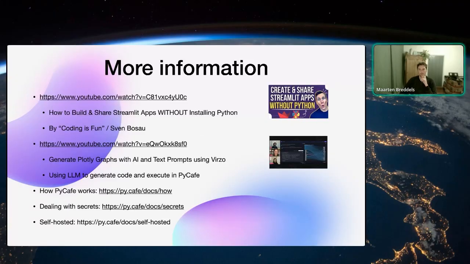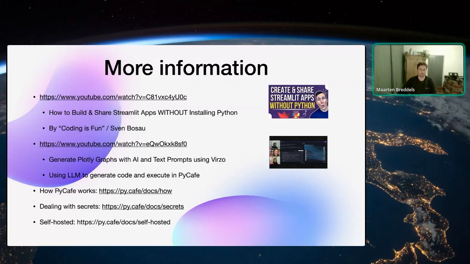Maybe you want to know more information. Actually, last week there was a really good video about how to build and share Streamlit apps without installing Python. There was also a really interesting YouTube video on generating Plotly graphs with AI and text prompts using the Vizro framework. What's interesting is it's using an LLM to generate code and execute that in PyCafe, which is of course really safe because it's a sandboxed environment.